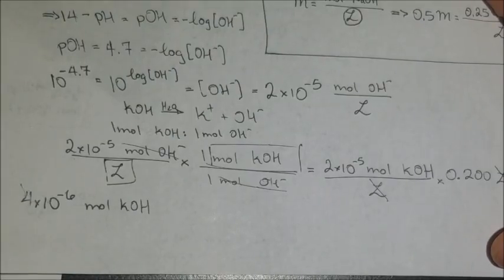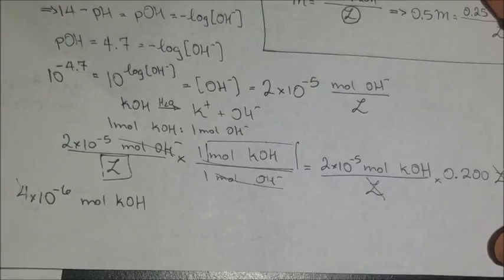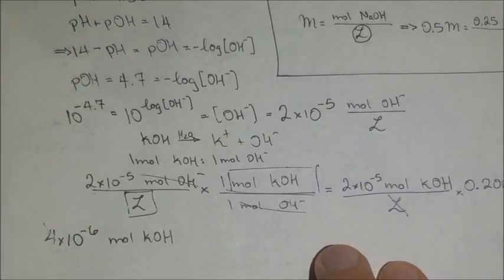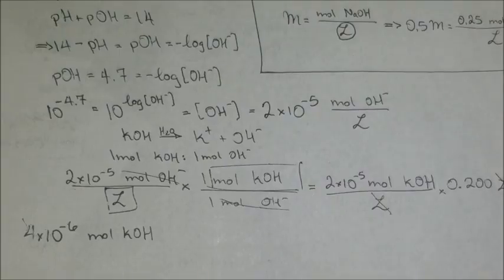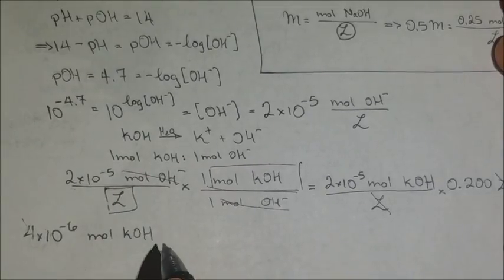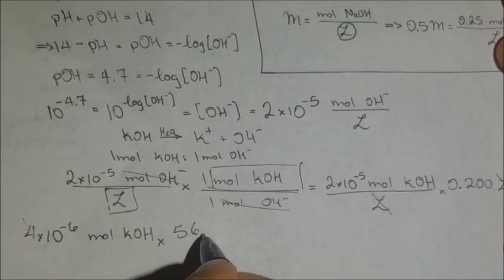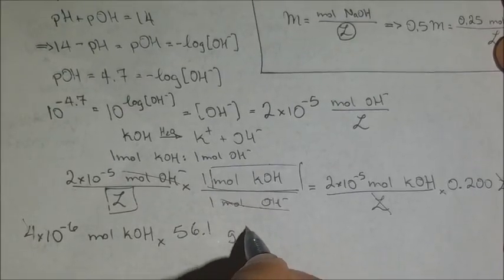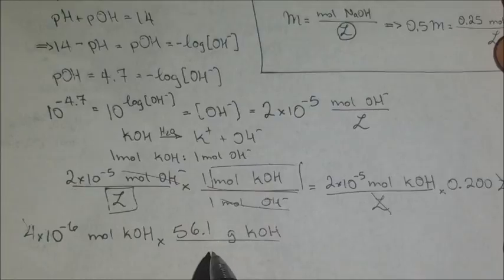Well, we're almost there. We're very, very close. The last thing that we need to determine is how many grams 4 times 10 to the negative sixth moles of KOH weighs. In order to do that, we need to consult the periodic table for the molar mass and multiply those together. It's going to look like this, times 56.1 grams of KOH per mole of KOH.